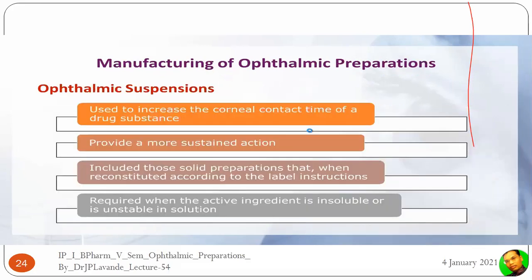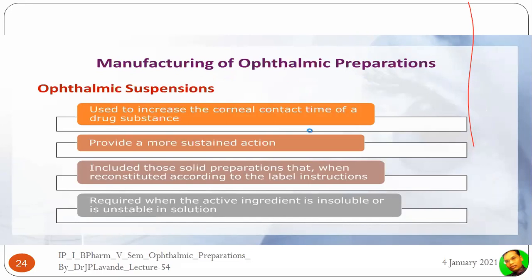Now ophthalmic preparations, like the suspension. Again, this is another kind of dosage form in case of ophthalmics. The first kind which we saw was the eye drop, followed by the eye suspension, isn't it? Whenever it is a suspension, what does that mean?